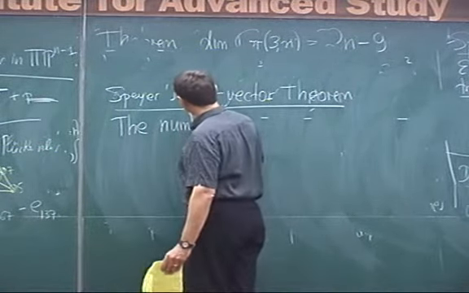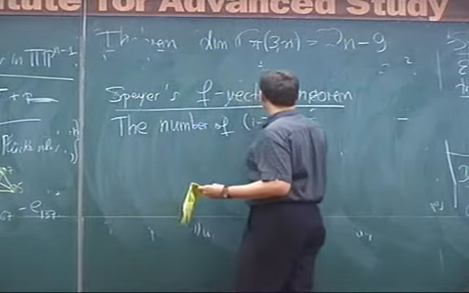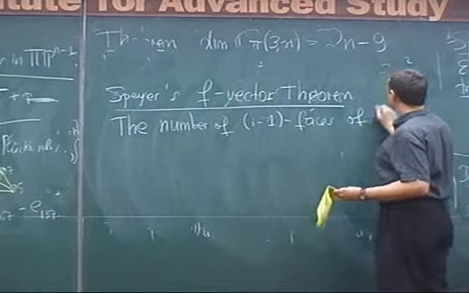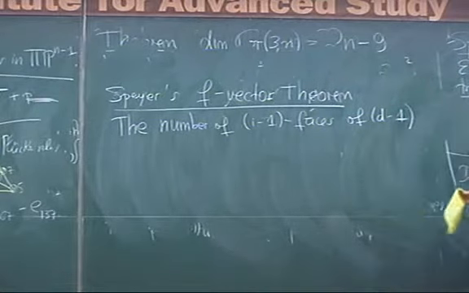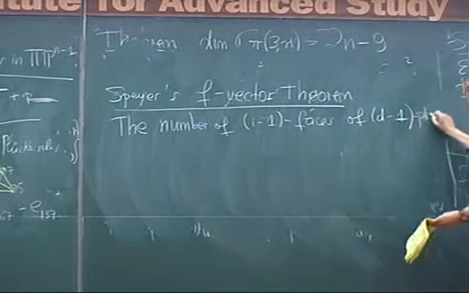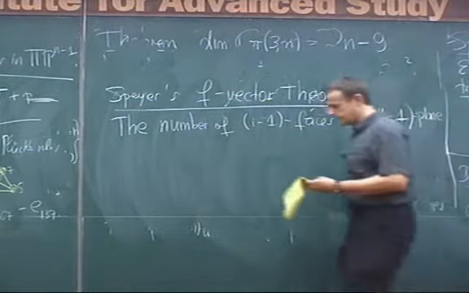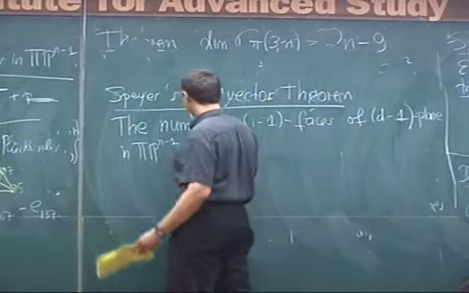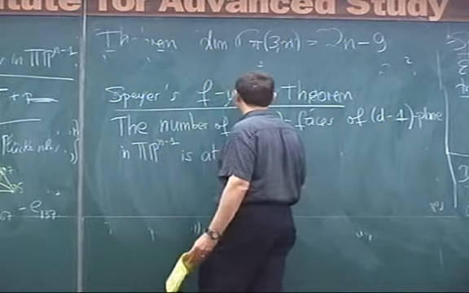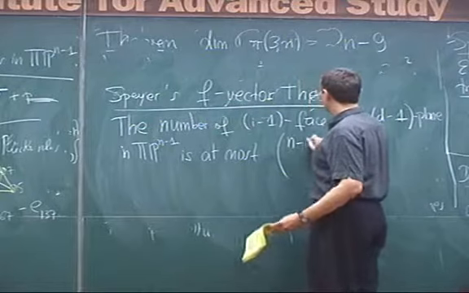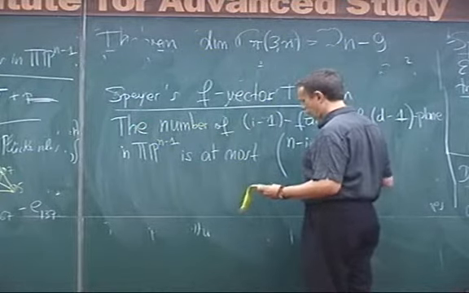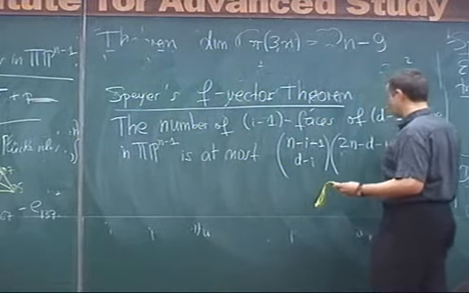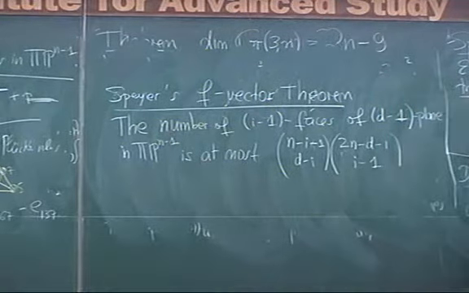It goes like this. The number of i minus 1 dimensional faces, so I'm going to write this projectively, so I'm going to subtract 1 everywhere, of a d minus 1 plane, so the number of i minus 1 faces in a d minus 1 plane in projective n minus 1 space, is at most (n minus i minus 1 choose d minus i) times (2n minus d minus i choose i minus 1).